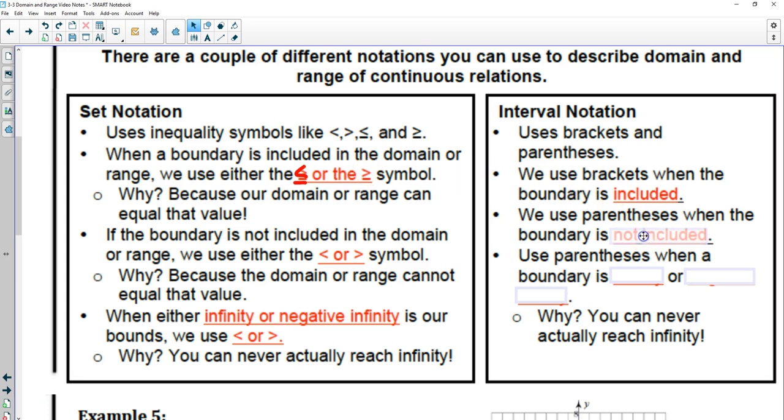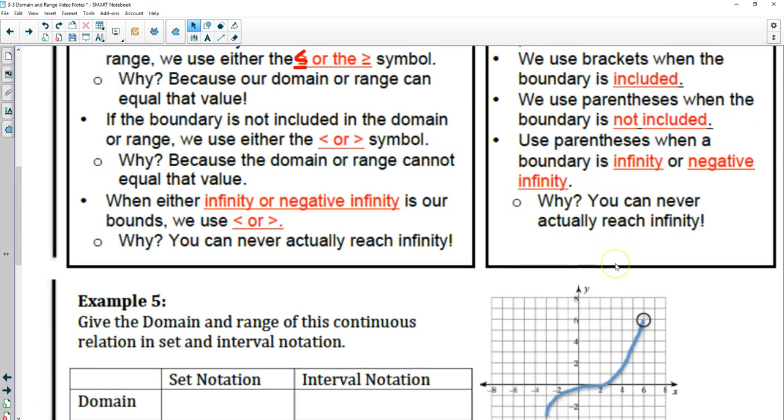We use parentheses when it's not included, like a less than or greater than situation. We also use parentheses when it's infinity or negative infinity. Again, because you can never reach infinity, so that would not be included. So that's why you get the less than or greater than over here, and that's why you use the parentheses over here.